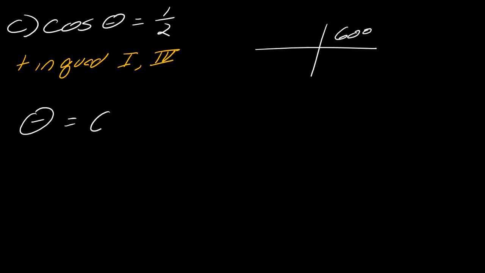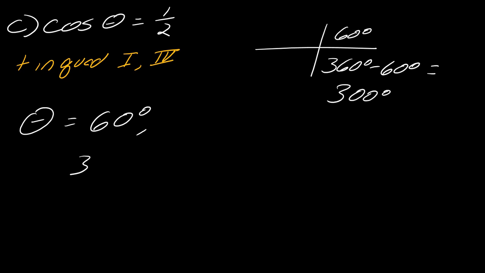That one's not so bad. Then I've got to get the quadrant 4. In quadrant 4, I'm just going to take 360 minus that to figure out what my original angle would have been. This is going to be 300 degrees. So this is the other one. Those would be my 2 thetas.